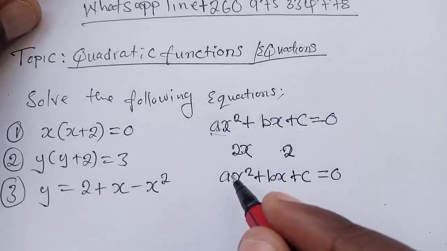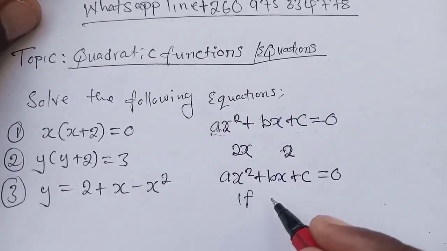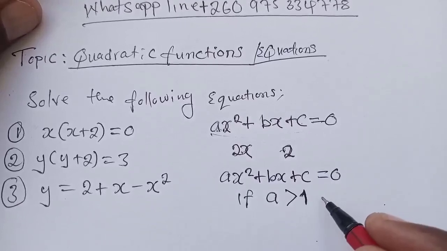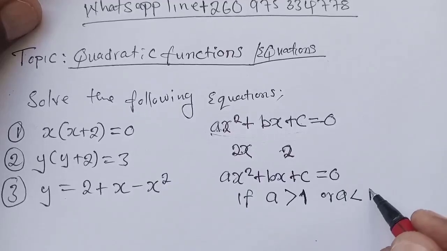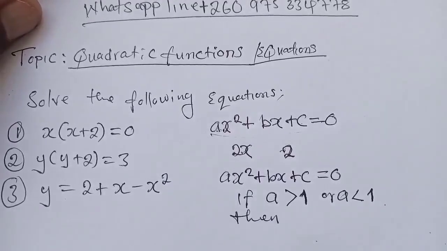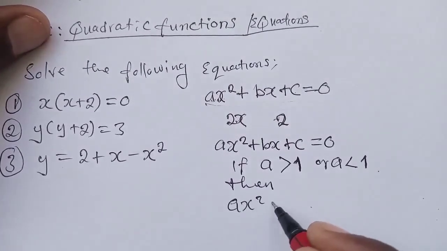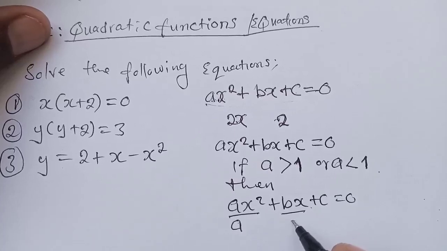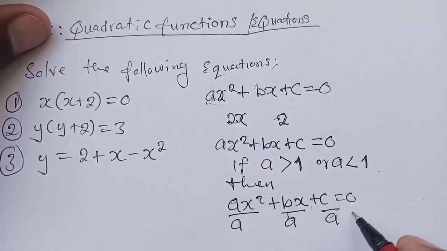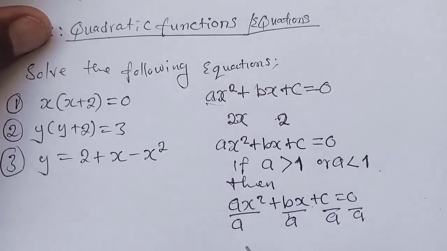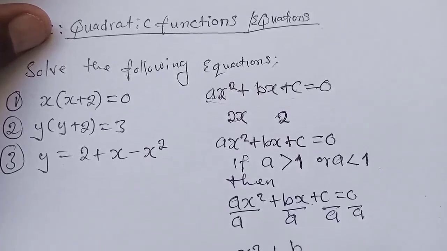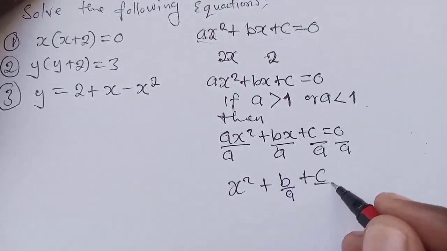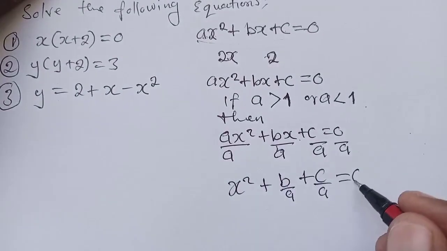If a is greater than 1 or less than 1, then you need to solve it like this: ax squared plus bx plus c equal to 0, divide everything over a, so that the equation becomes x squared plus b over a x plus c over a equal to a into 0, which is 0.